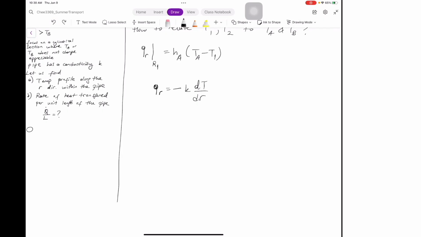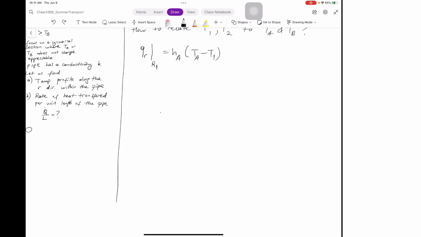And you should always treat the QR as a vector quantity, and basically say if the flux is really outside, your Q is positive, and if your flux is inside, your Q is negative. Don't take it the other way around.